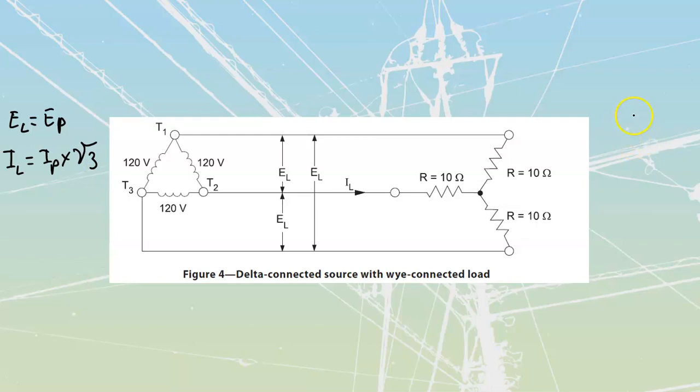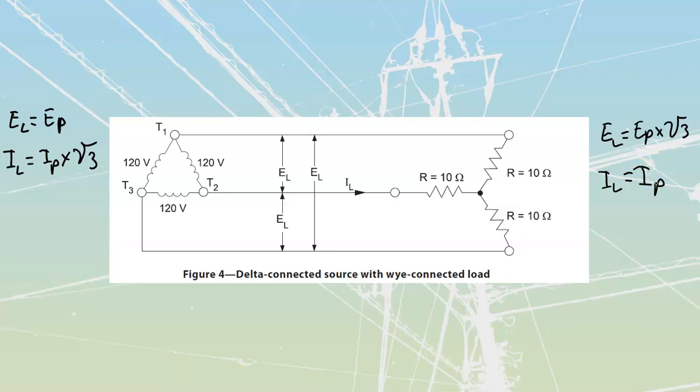Over on the other side of the equation, I know that my E line is equal to my E phase times root 3, as well as my I line is equal to my I phase, over here on the far side.